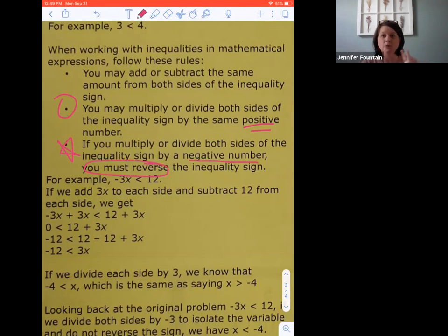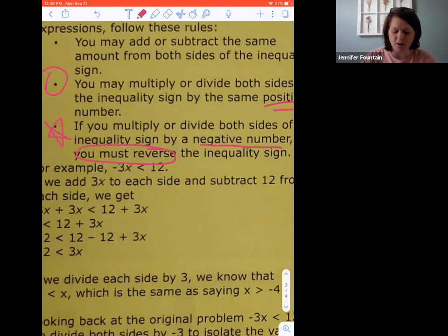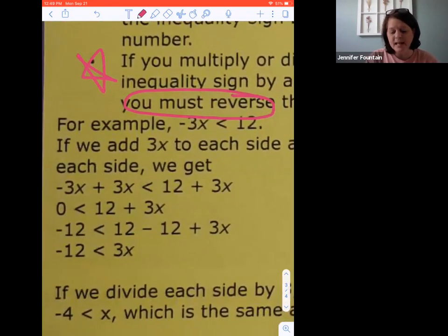So you have to flip your sign. A greater than symbol would become less than. Greater than or equal to becomes less than or equal to. So if we look at this problem right here, where we have 3x is less than 12.